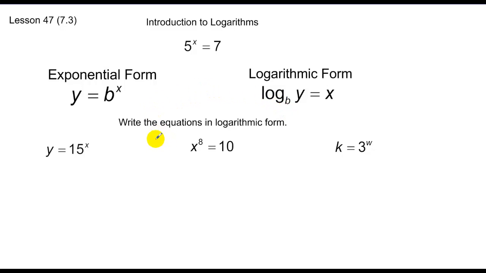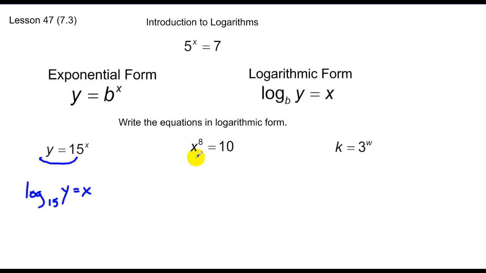So what we're going to do is take and transform each of these exponential expressions into a log expression by sliding the base. So here's my base 15, and I'm going to slide it under the y and add logarithm to that side. So I have log base 15 of y is equal to x. The key thing is identifying the base, then knowing which side to give the logarithm to.